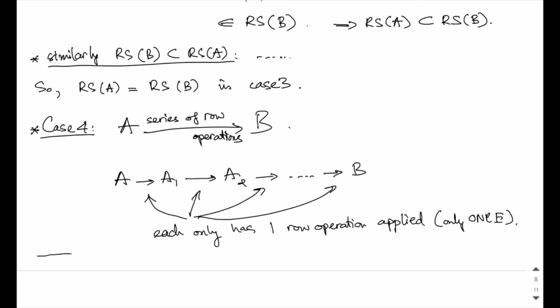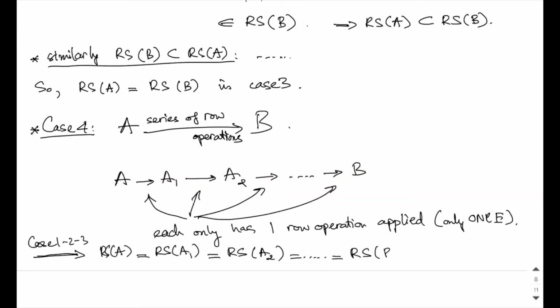So by what we proved in cases 1, 2, 3, row space of A is the same as row space of A1, and that is the same as the row space of the next one, and that is the same as the row space of the final one. And we are done.